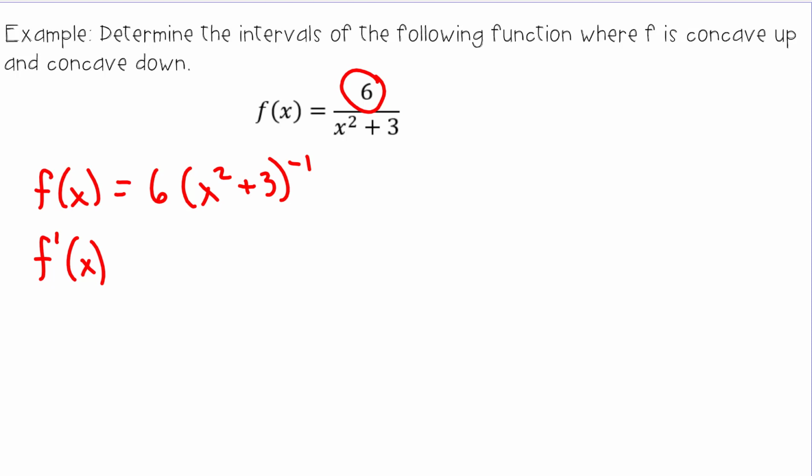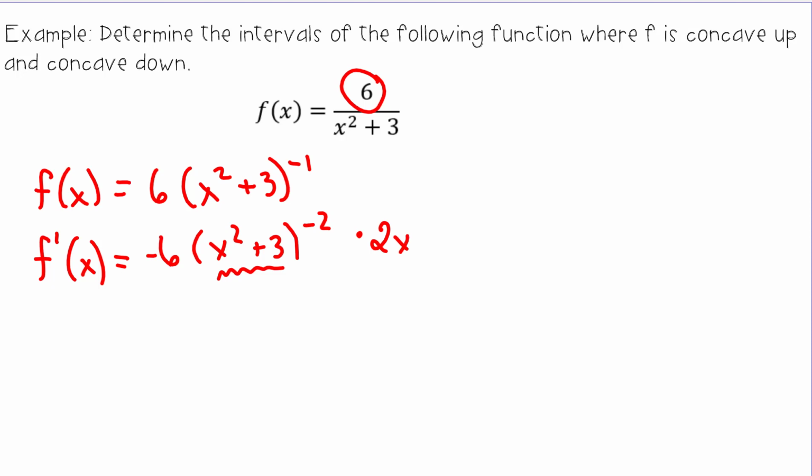I'm going to bring the negative 1 down, so I have negative 6 times x squared plus 3, this is the chain rule, to the negative 2, times the derivative of the inside, chain rule here, 2x.